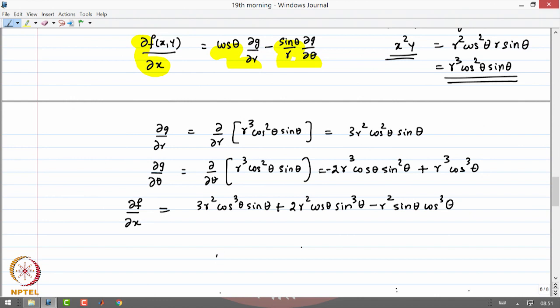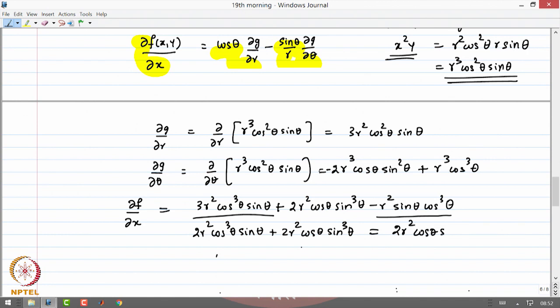So, you can see immediately that 3r² cos³θ sin θ minus r² cos³θ sin θ gives you 2r² cos³θ sin θ plus 2r² cos θ sin³θ, and that can be simplified immediately as 2r² cos θ sin θ times (cos²θ + sin²θ), which is 1. Therefore, the derivative is 2r² cos θ sin θ.